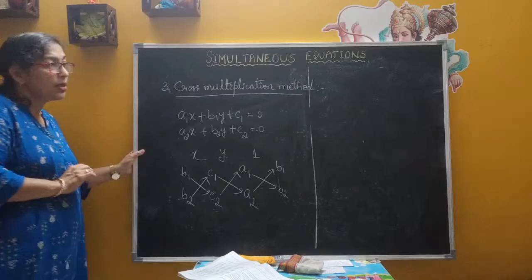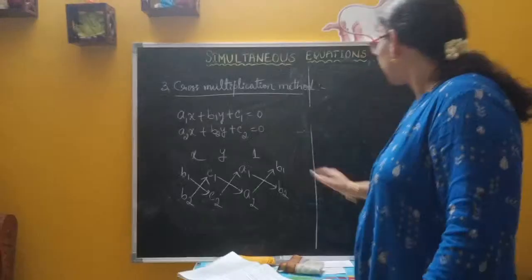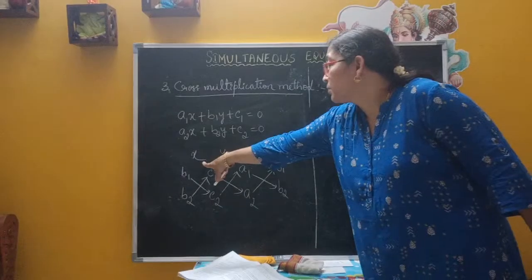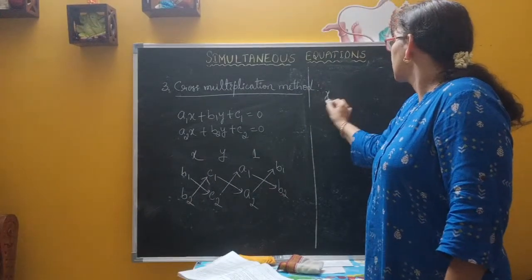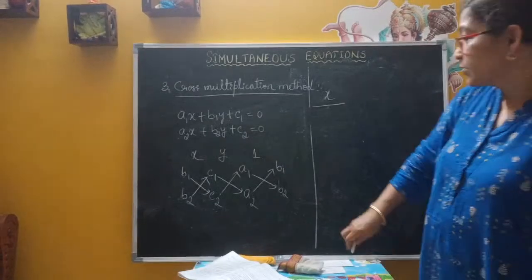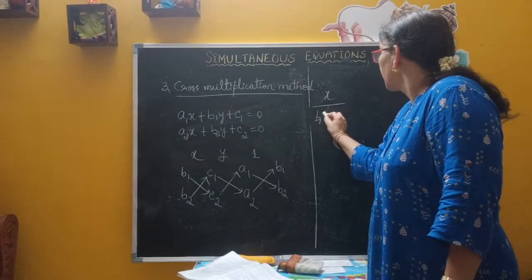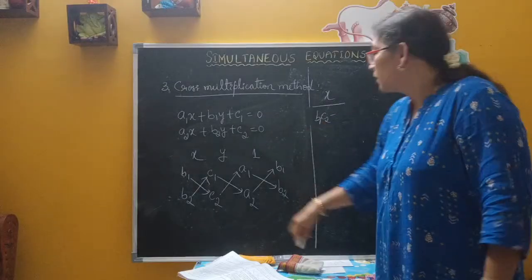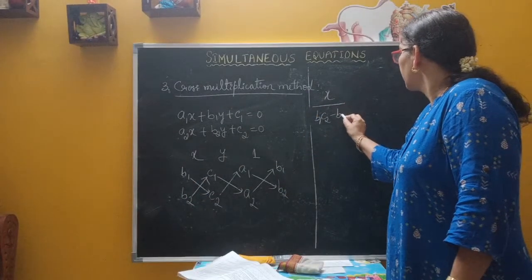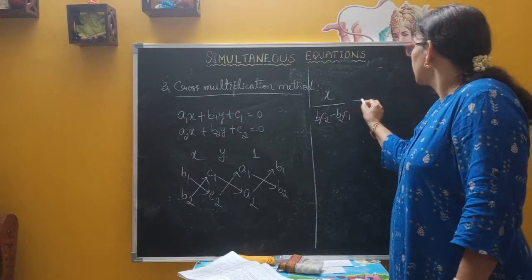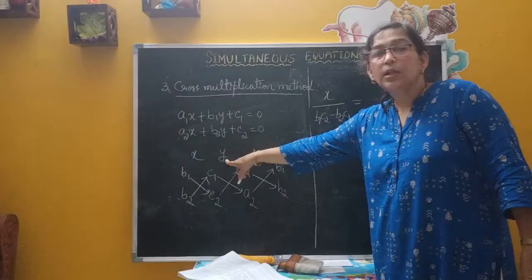Now let us frame the equation using this. The first variable is x, so let us write x by b1 c2 minus b2 c1, is equal to the second one, which is the variable y.